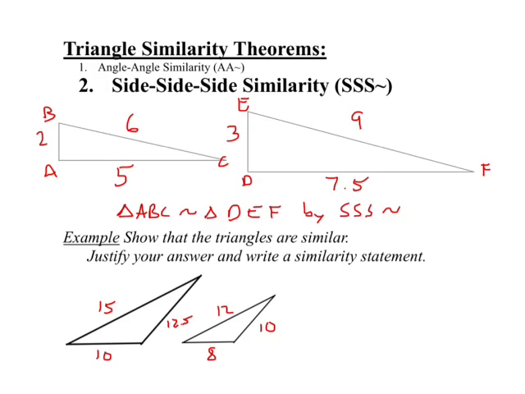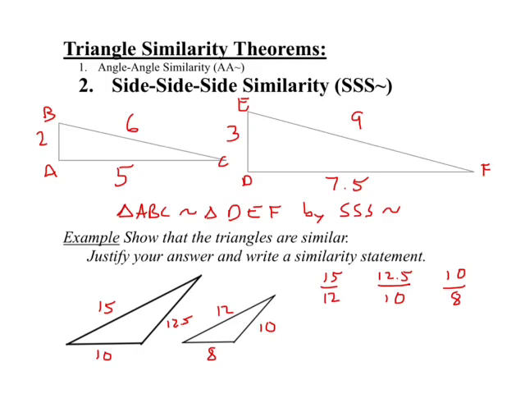Let's try this again. So this 15 here corresponds with this 12. So 15 is to 12, as this 12.5 is to this 10, and this 10 is to this 8. So those are the three ratios we've got to compare.